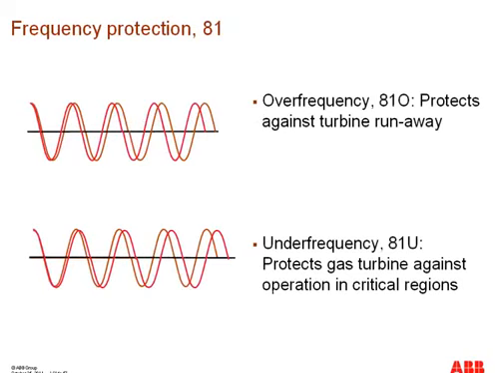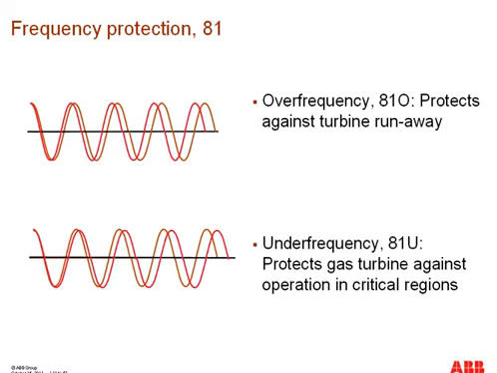Yet another protection provided in generators is the frequency protection. Over-frequency conditions will occur in the event of sudden rejection of load. Sometimes governor problems can also cause over-frequency conditions.